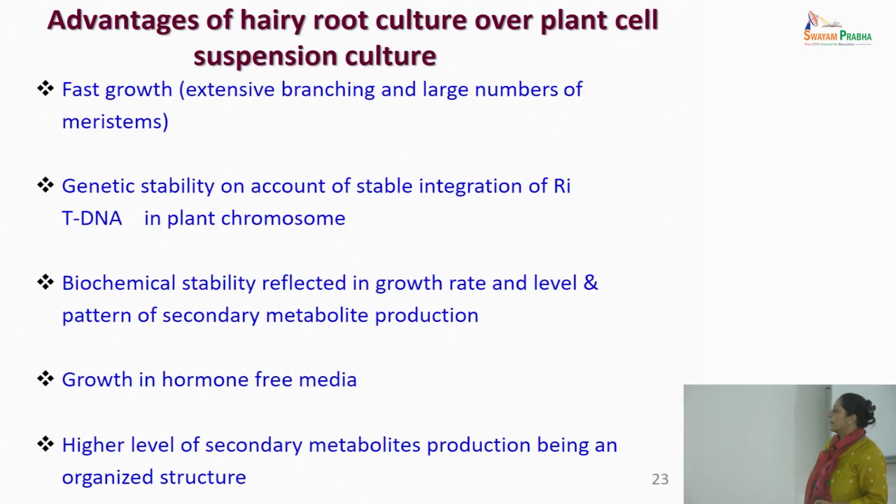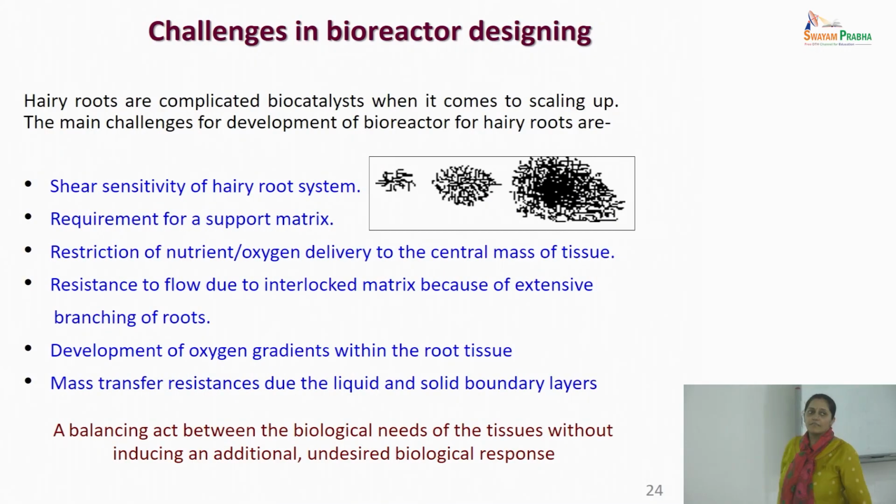So they are more biochemically stable, and show higher levels sometimes, for the very fact that it has been induced because of the infection by the bacteria. So generally it could be related to defense acceleration. The expression of the secondary metabolites in hairy root systems has been many a time found better than the plant cells.